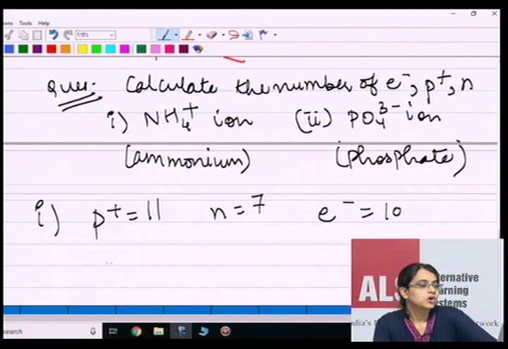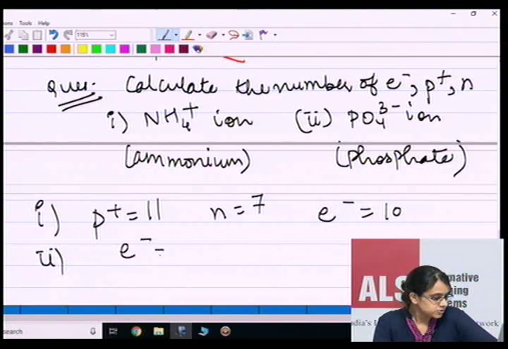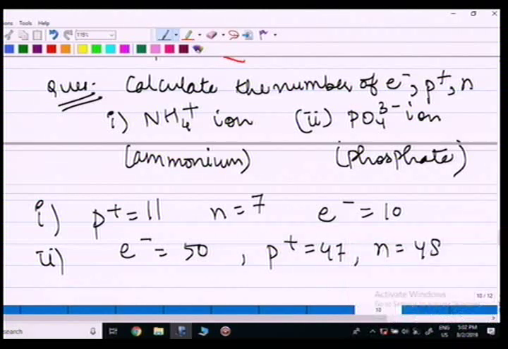So, I think all of you got this correct answer. For the second part, you have electrons is equals to 50, protons is equals to 47, and neutrons is equals to 48. Okay. So students, please again try to solve the second part and see if your answer matches this.